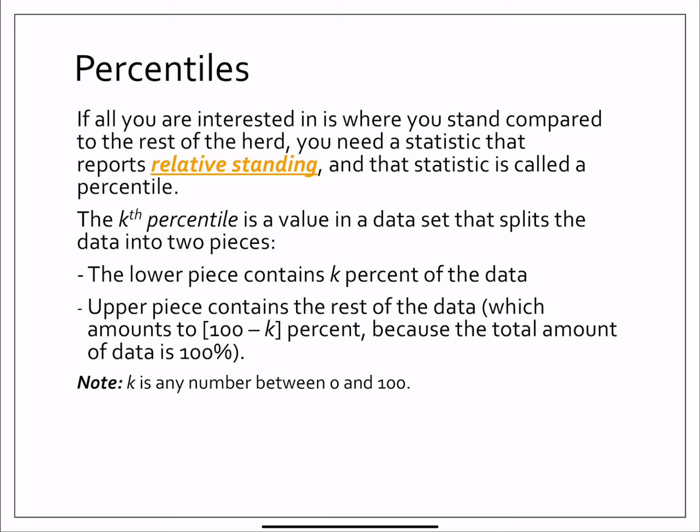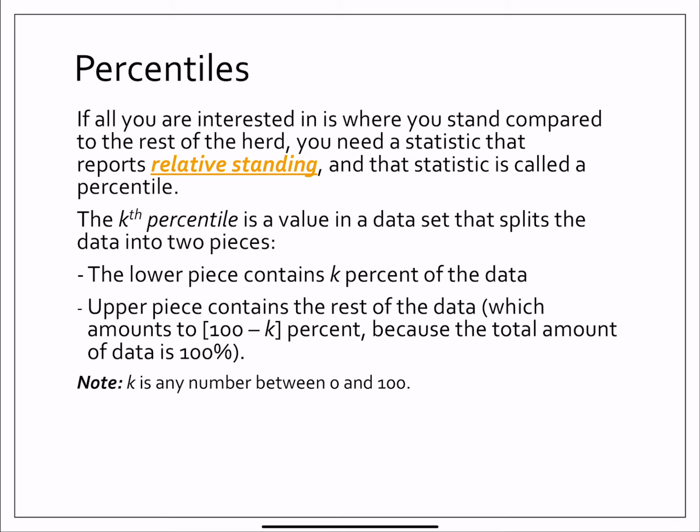We're particularly interested in where we stand relative to everyone else. Where's our place in line relative to everyone else? We can measure what percent of people are less than you in the line. What percent of the entire line is less than you?